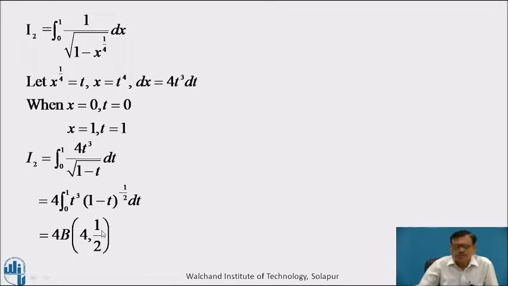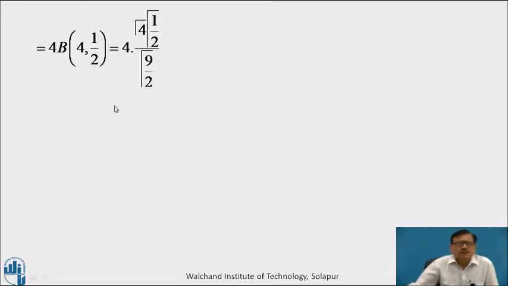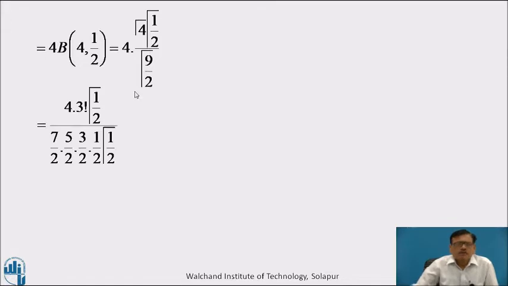Therefore the value of this integral in terms of beta function is 4 into beta of 4 comma 1 by 2, and using the relation between beta and gamma function, this is equal to 4 into gamma of 4 into gamma of 1 by 2 divided by gamma of 9 by 2, that is gamma of 4 plus 1 by 2. This is 4 as it is, and gamma of 4 is 3 factorial, and gamma of 1 by 2 as it is, and gamma of 9 by 2 can be written as 7 by 2 into 5 by 2 into 3 by 2 into 1 by 2 into gamma of 1 by 2.